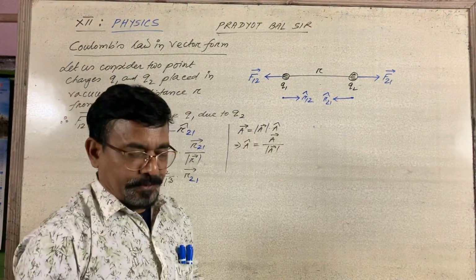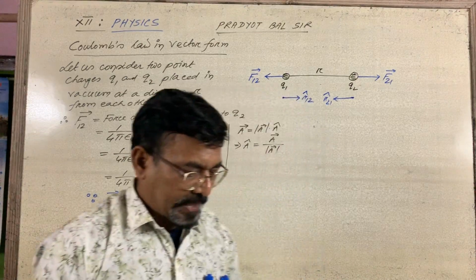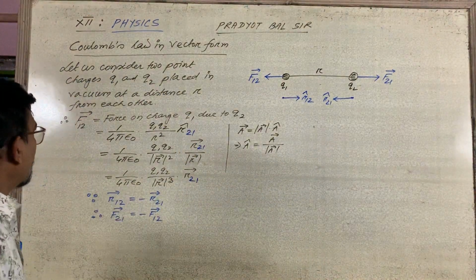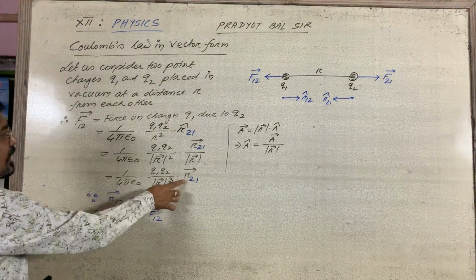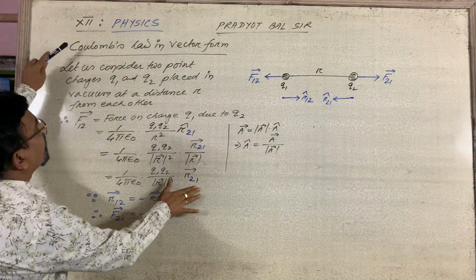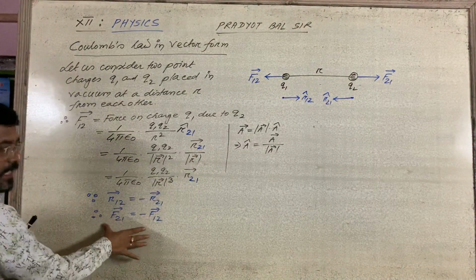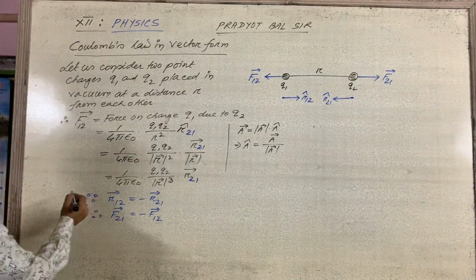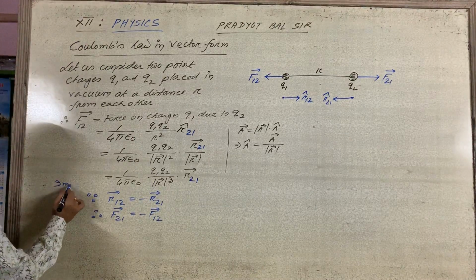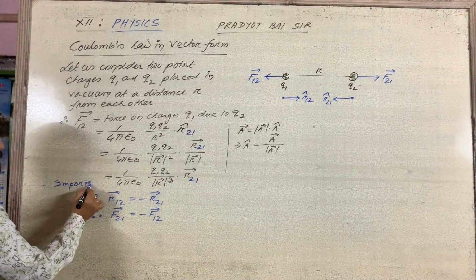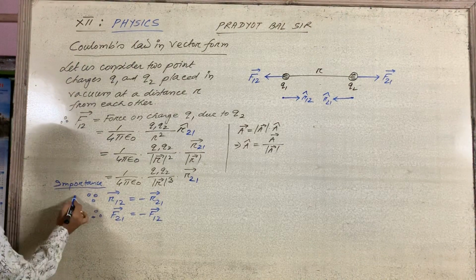So we have got it. Up to this is your Coulomb's law in vector form. Now I am giving some importance. You write, importance of vector law, number 1 point.